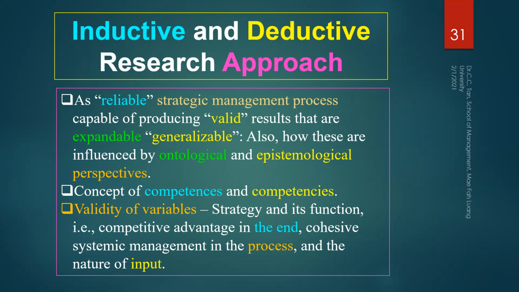Is your process reliable, so that we can trust that you genuinely work on the process? And the third thing, in business we call expandability, or in business research we call generalizability. That means your valid conclusion, your valid strategy, can be utilized in many different areas.